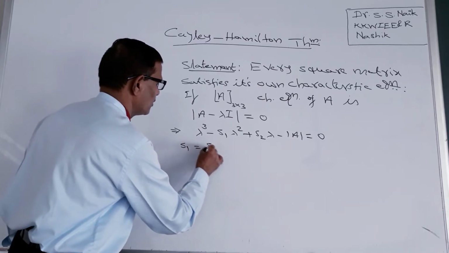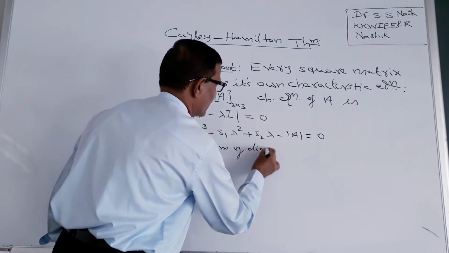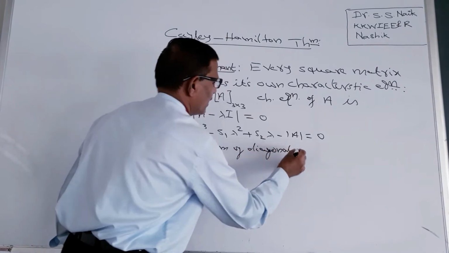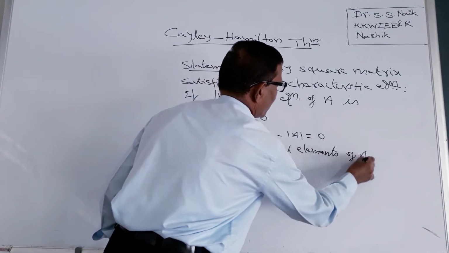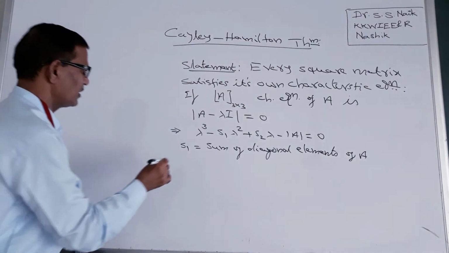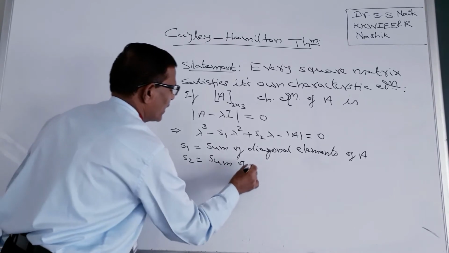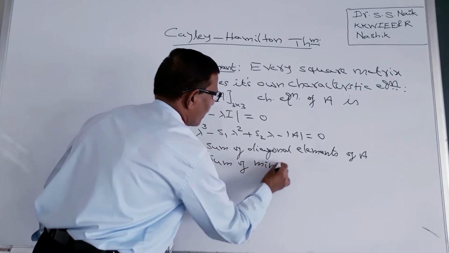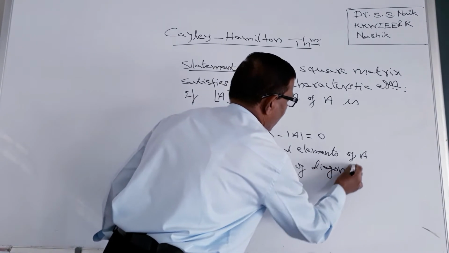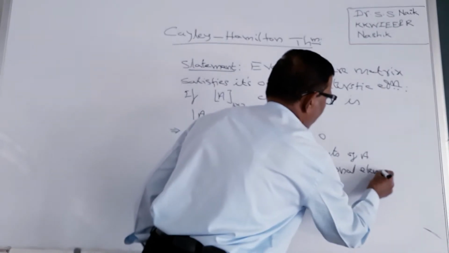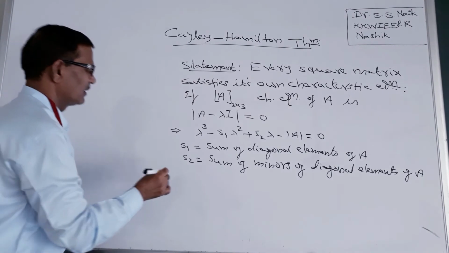S1 is equal to the sum of the diagonal elements of A. S2 is equal to the sum of the minors of the diagonal elements of A, and then this is the determinant of A.